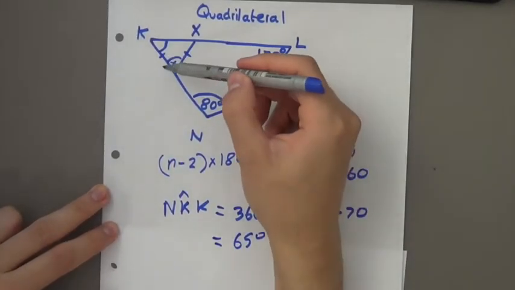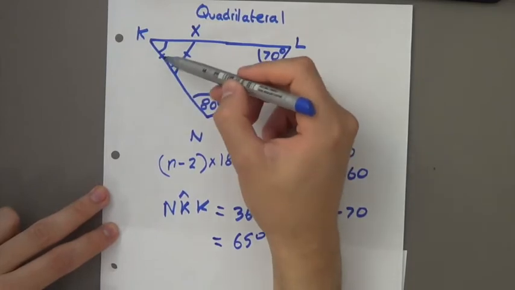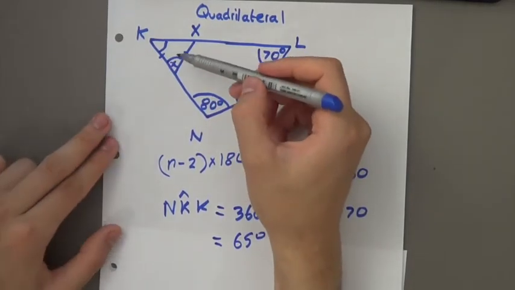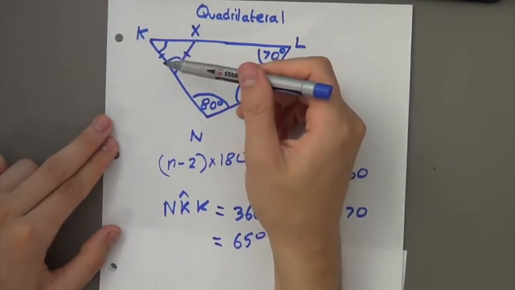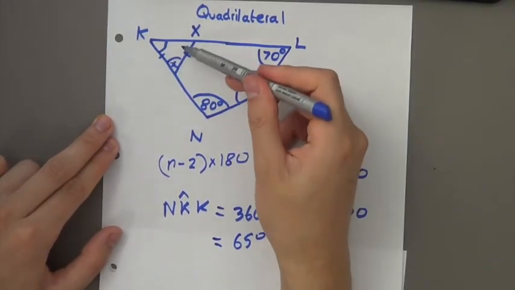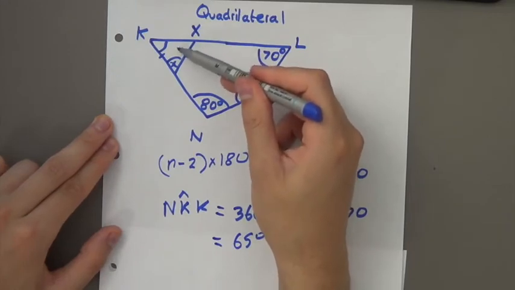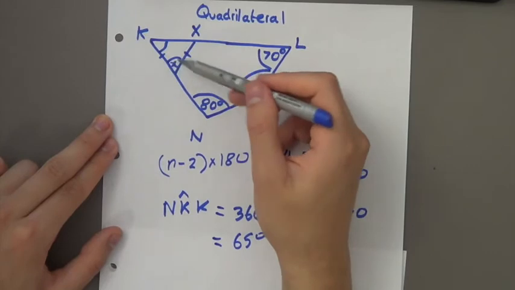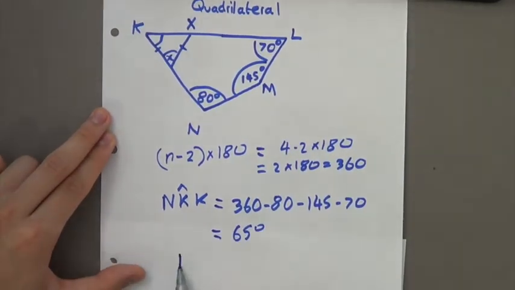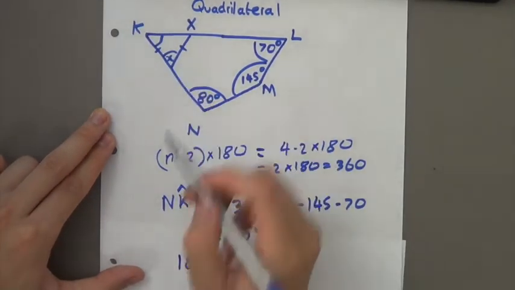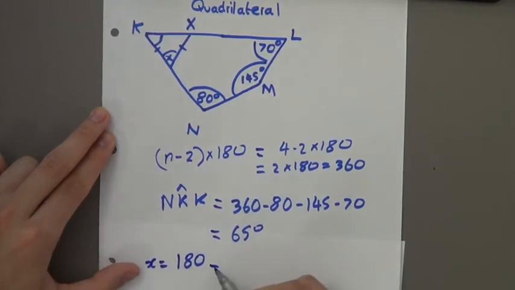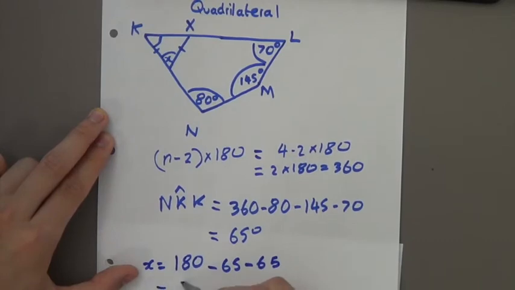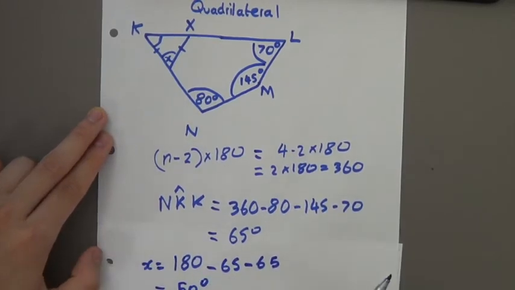Now if I look at my diagram here, it says these two lines are parallel. This is not drawn to scale, but if I know this is 65, I know that this angle here is also 65. And I know all these angles have to add up to 180. So I can say 180, and I'm now calculating angle x, minus 65 minus 65 equals 50 degrees.